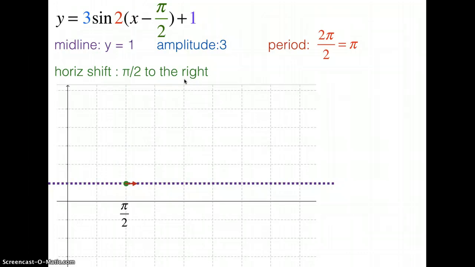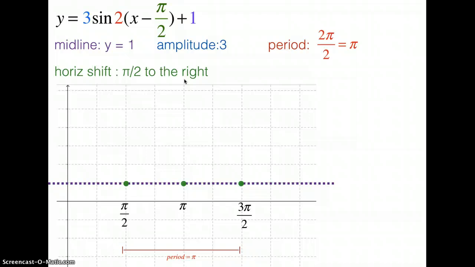And then we're going to find the endpoint of our cycle using the period. So we start at pi over 2 and we're going to move all the way across to 3 pi over 2 to give us a period length of pi. We got 3 pi over 2 from adding pi over 2 plus pi equals 3 pi over 2.